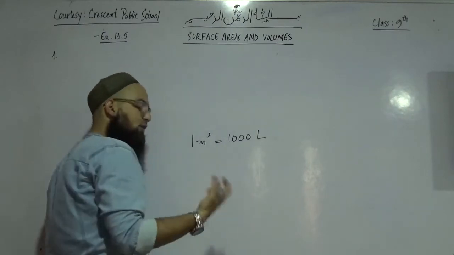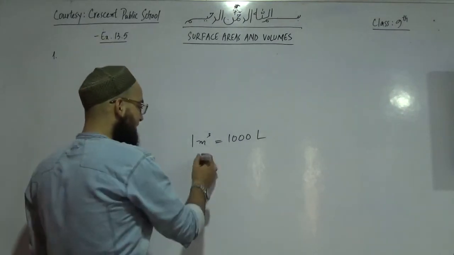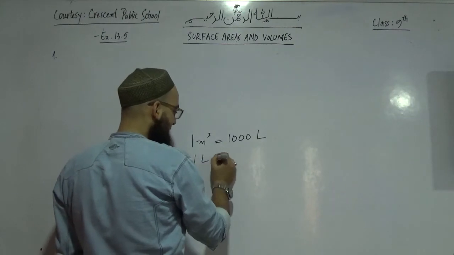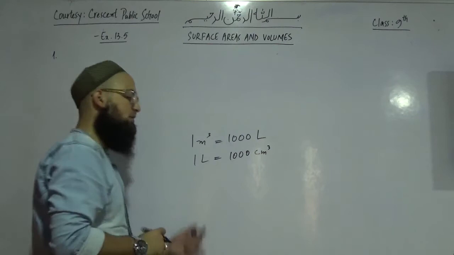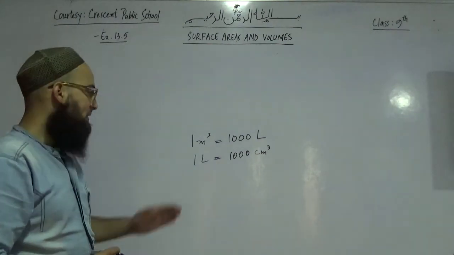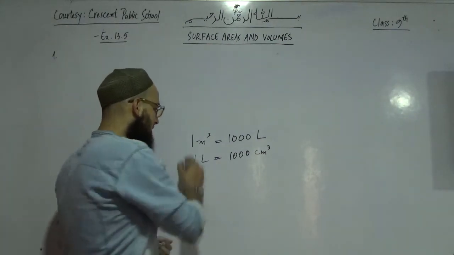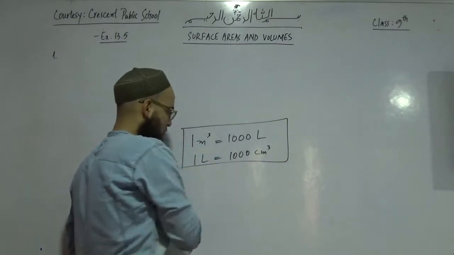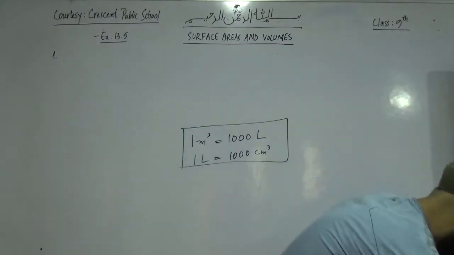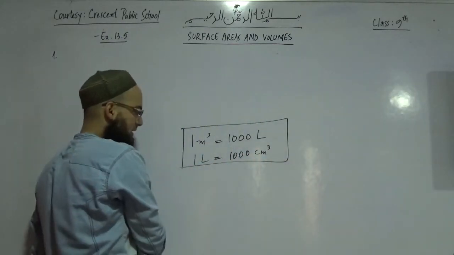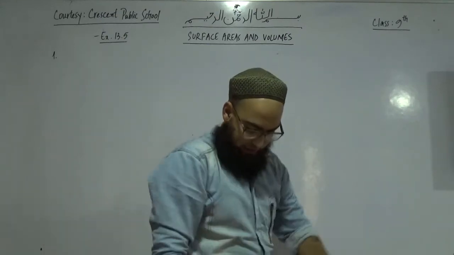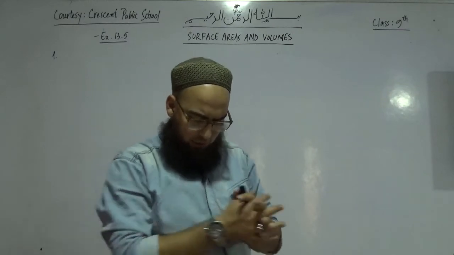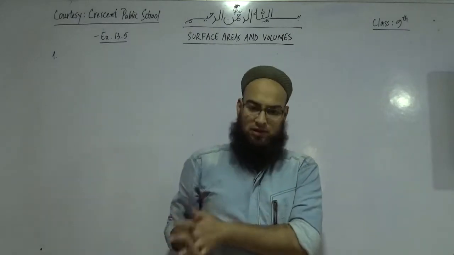Or if you have to convert from cubic centimeter to liters, the conversion is 1 liter is equal to 1000 cubic centimeter, or 1 cubic centimeter is equal to 1 by 1000 liters. These are the conversions you may use in this exercise. So remember the conversion, make a note. You easily get the volume in cubic meters, then convert it to liters, and that will be your answer.